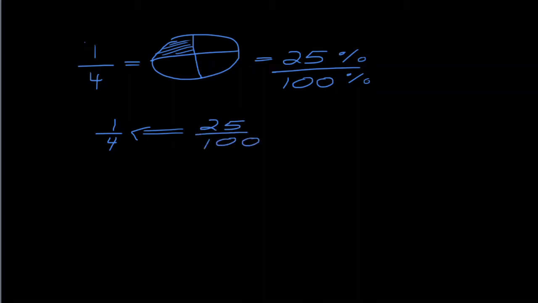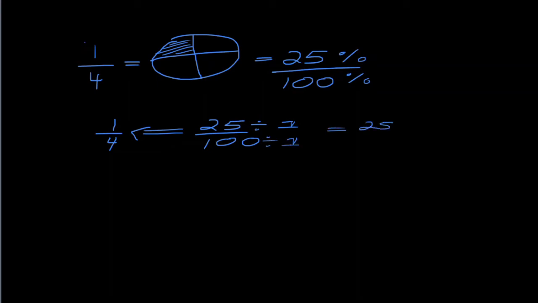Well, the trick is let's try starting with numbers. We have to start dividing each of these sides by the same number so that we can simplify it. If we divide by 1, we just get the same thing: 25 divided by 1, 100 divided by 1, which is just 25 over 100.